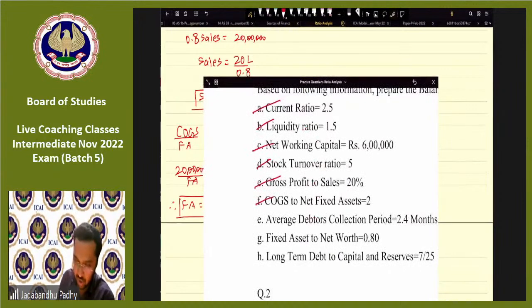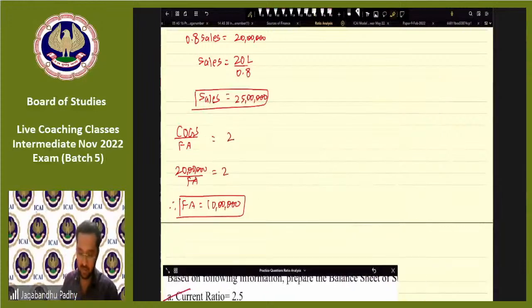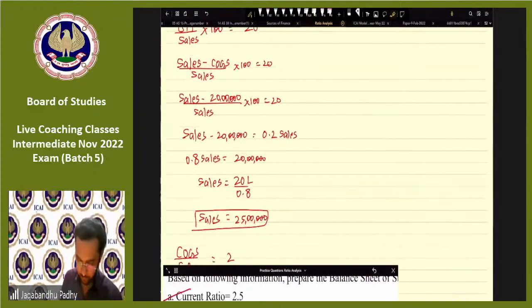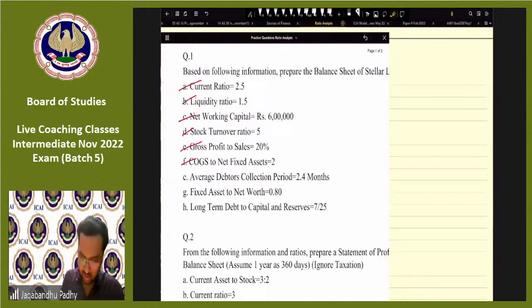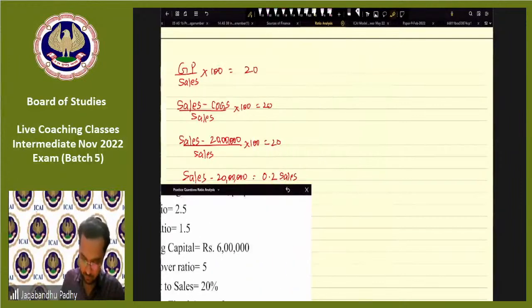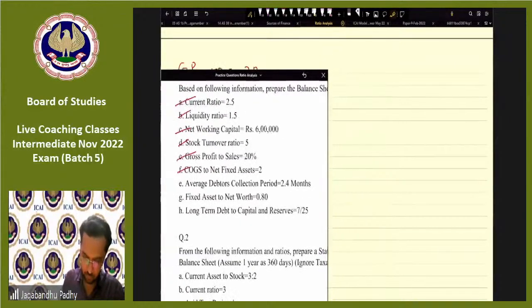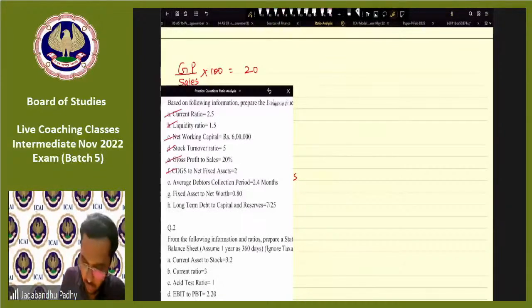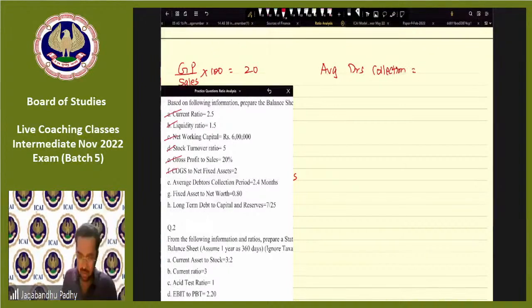Now I have to use the next ratio, which is average debtors collection period as 2.4 months. Now, how do we get this 2.4 months?